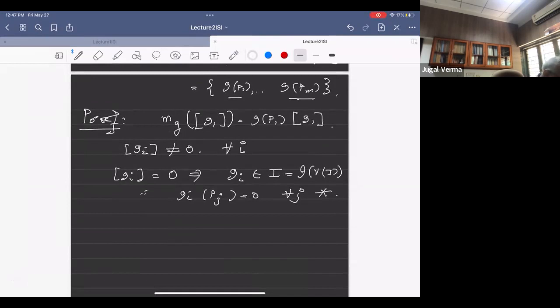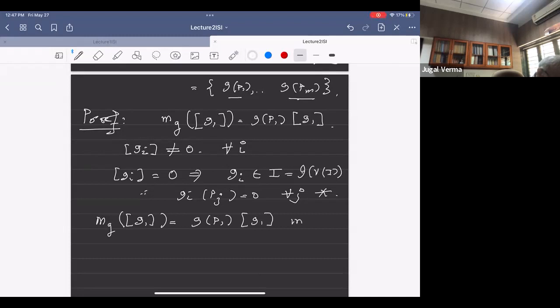Now let us show that they are eigenvectors. The residue class of G1 is an eigenvector with eigenvalue g(P1), and the same thing will be true for the residue classes of the other Gi. Okay, so what does it mean to say that Mg operating on this vector is equal to g(P1), which is a complex number, times the residue class of G1?